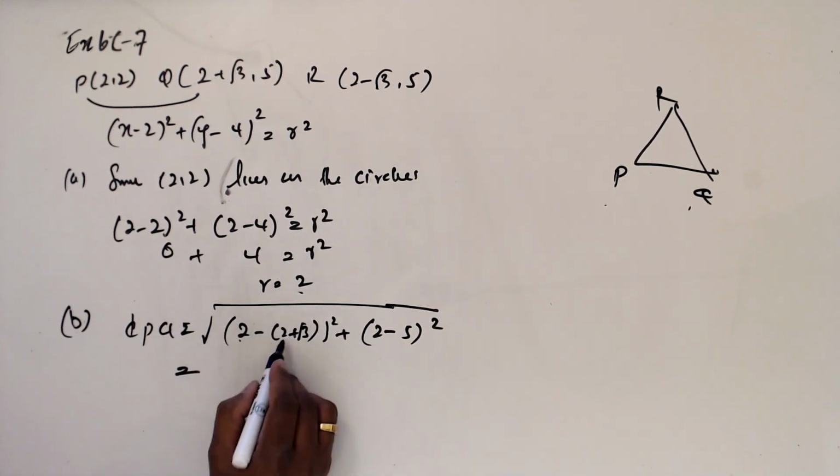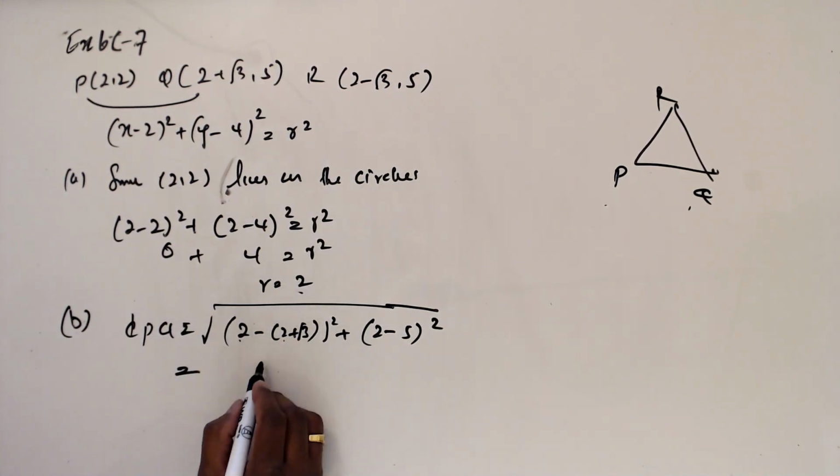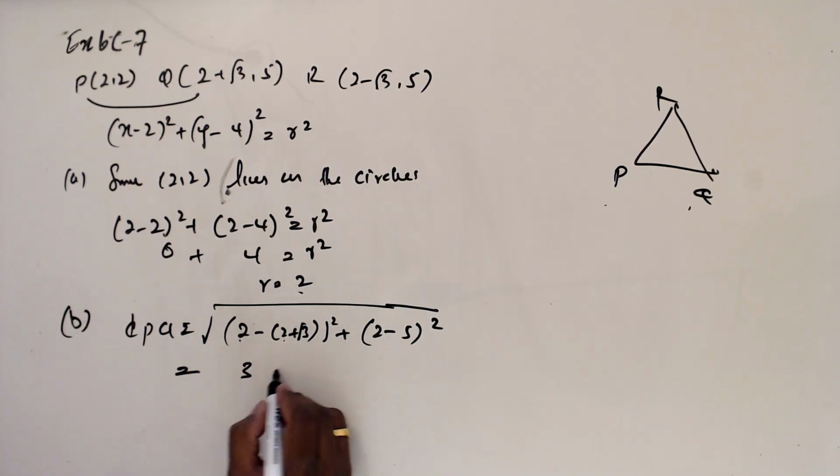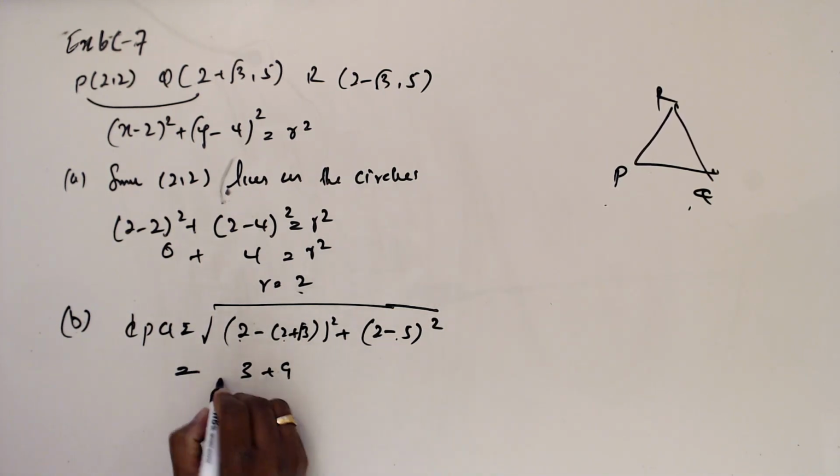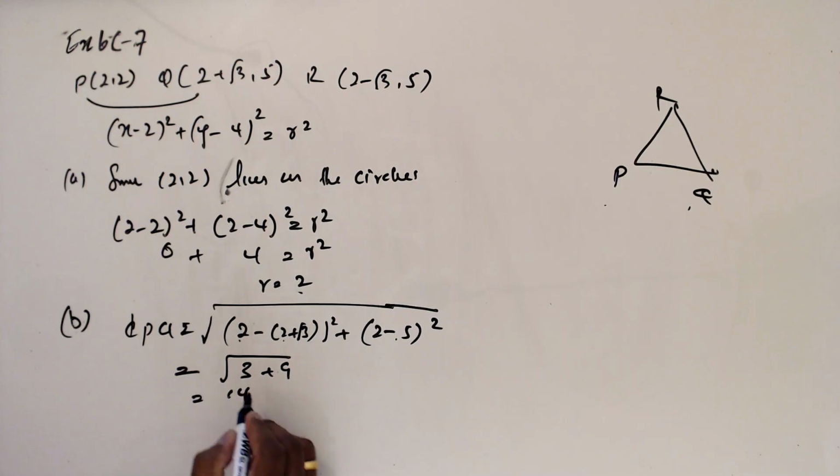So the 2s cancel out. Square root 3 square is 3. And this is 2 minus 5, minus 3. Minus 3 square is 9. So this is going to be square root 12.